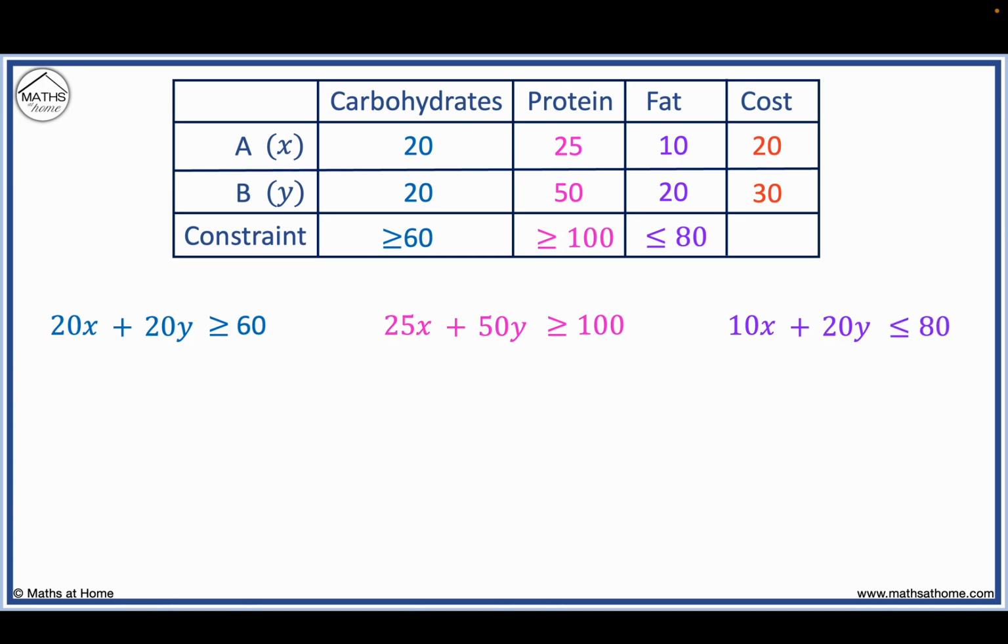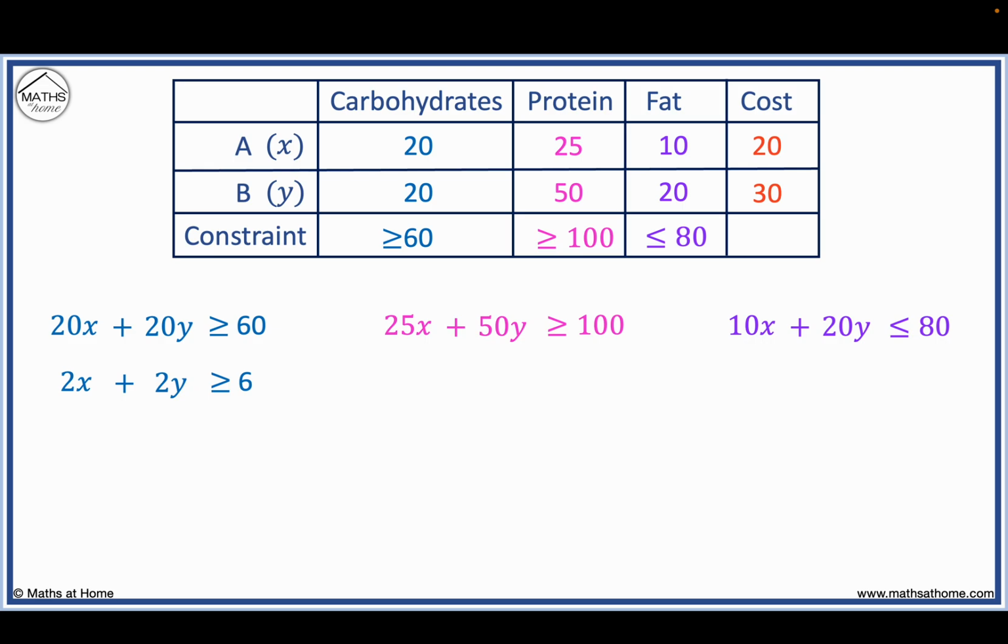These 3 equations can be simplified by dividing all numbers in each equation by the same amount. The first equation can be divided by 10, so 20x becomes 2x, 20y becomes 2y, and greater than or equal to 60 becomes greater than or equal to 6.